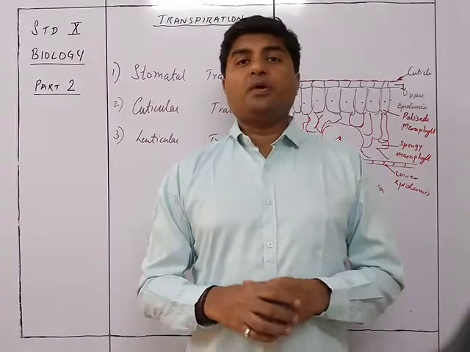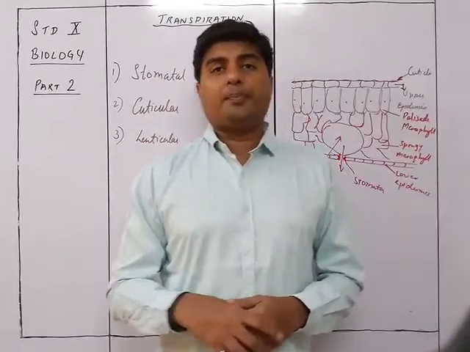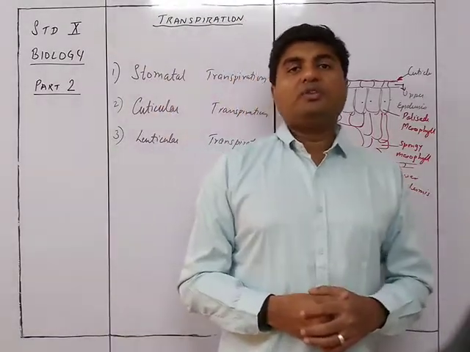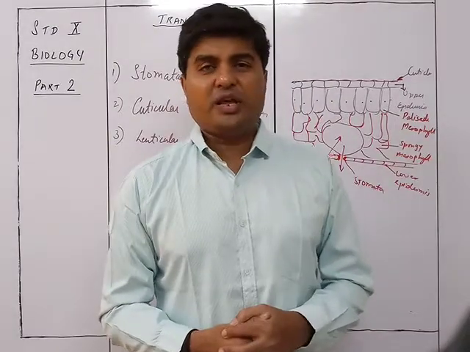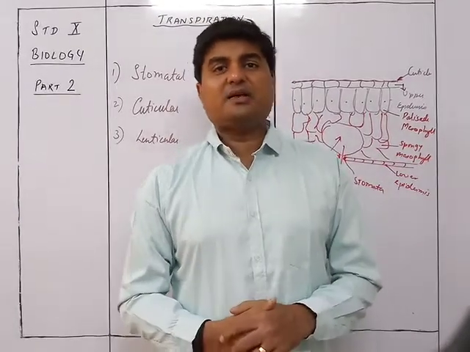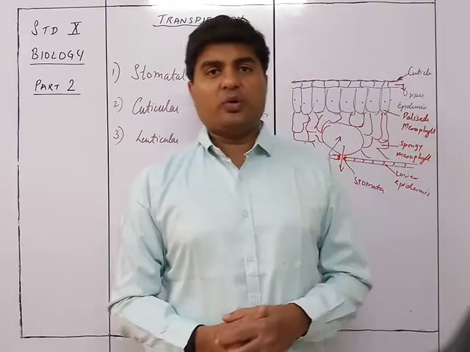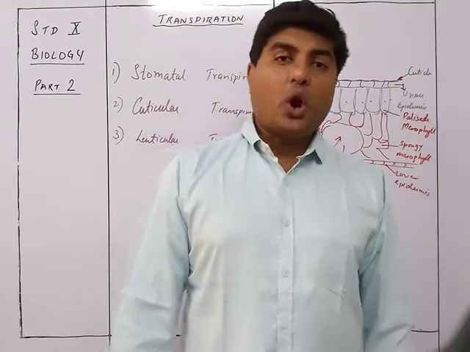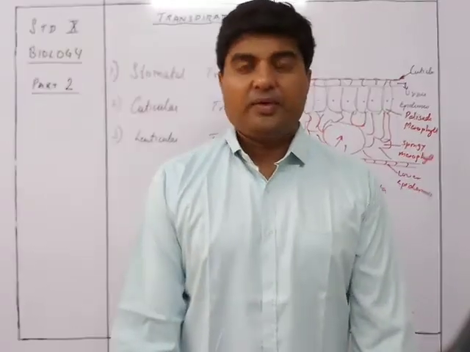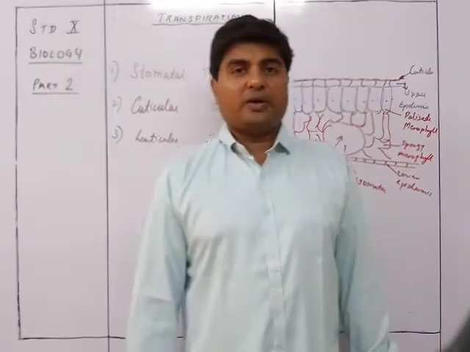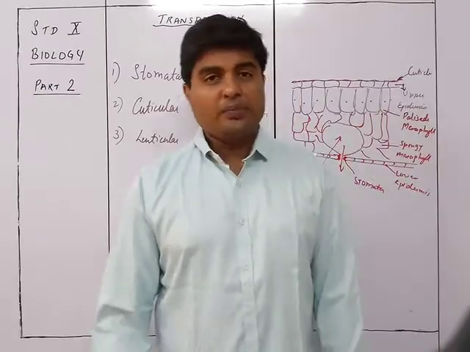The transpiration pull creates a pull on the water as high as 50 meters. So this is the way tall trees, up to 50 meters tall, can take up water.